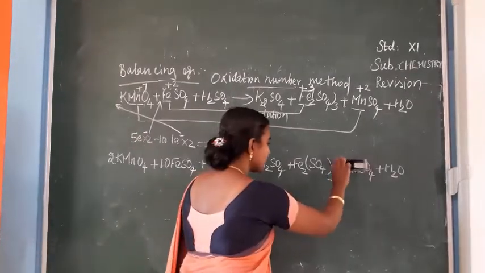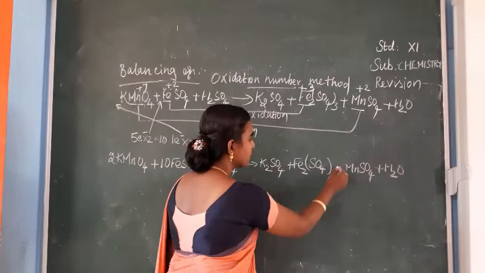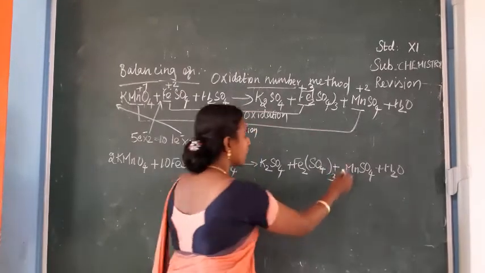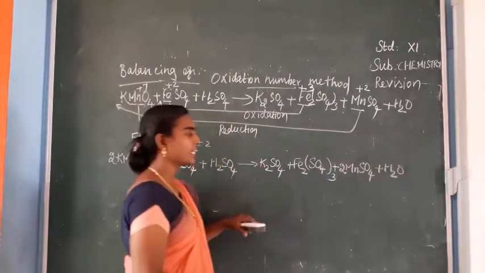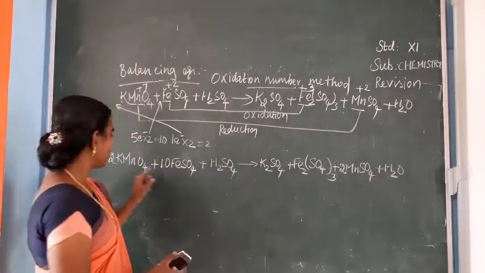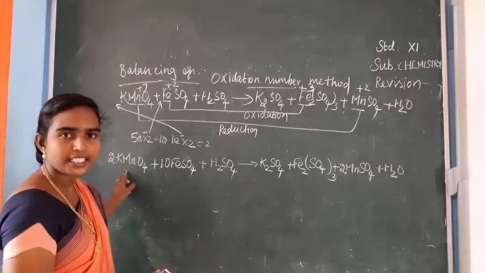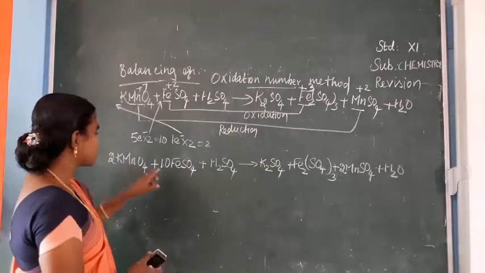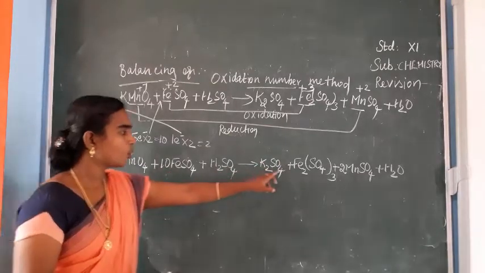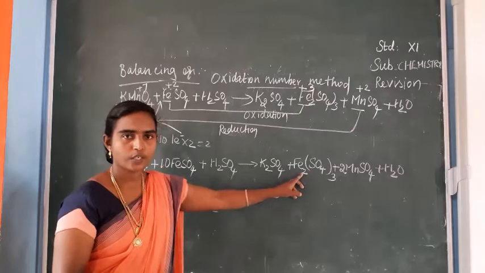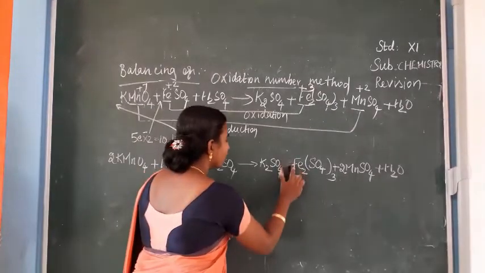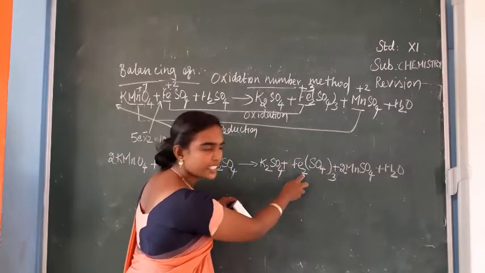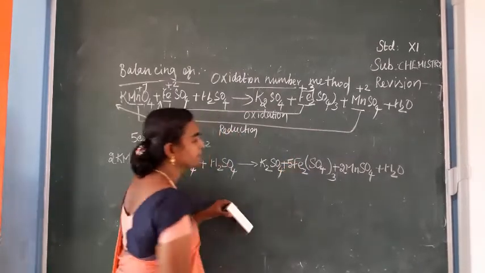When you are writing in pen, leave some space in between and write, otherwise without any rubbing you can balance. So 2. Why have we written like this? On the reactant side we have 2 Mn, and here only 1 Mn. Next, 10 Fe is there, here only 2 Fe. So to make this 2 as 10, this 5.